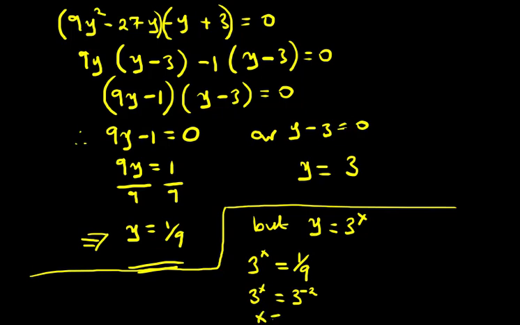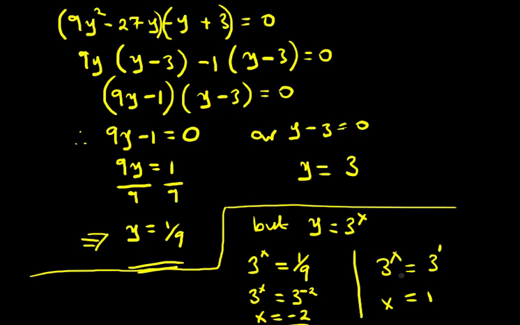So this becomes x is equal to negative 2. And then for this other one, we'll have 3 power x is equal to 3. So remember, there's a power 1 there, the base is already the same, so this becomes x is equal to 1.